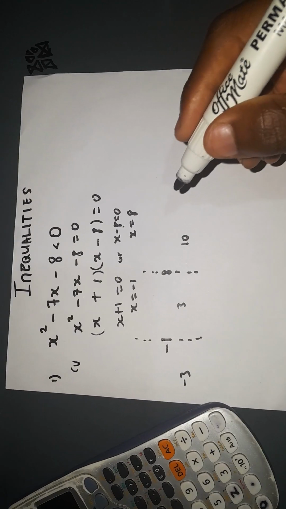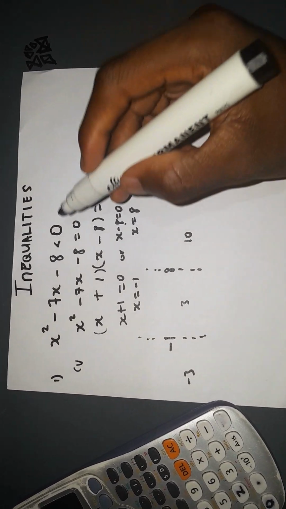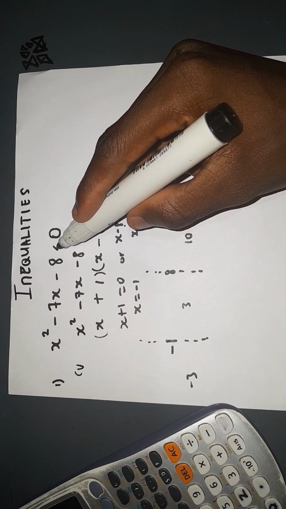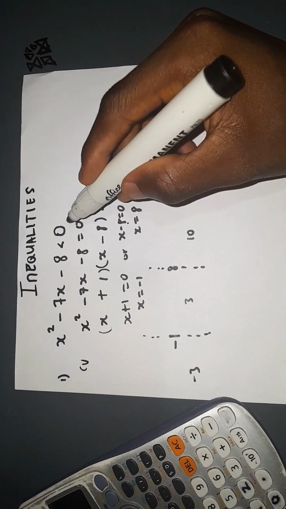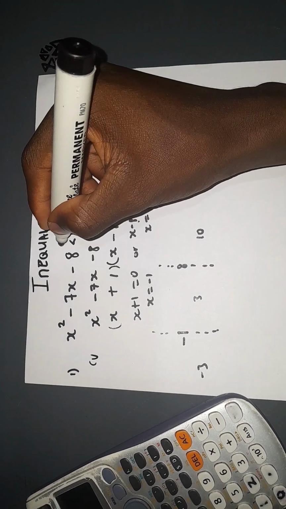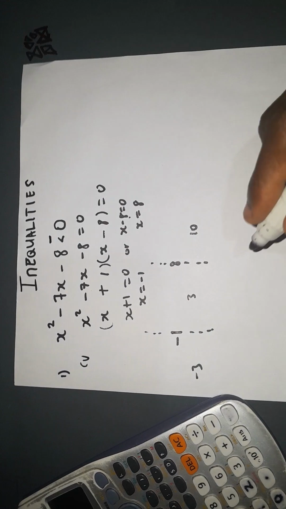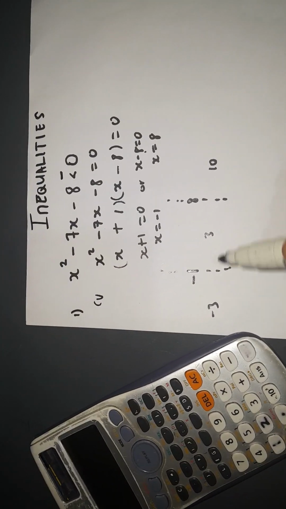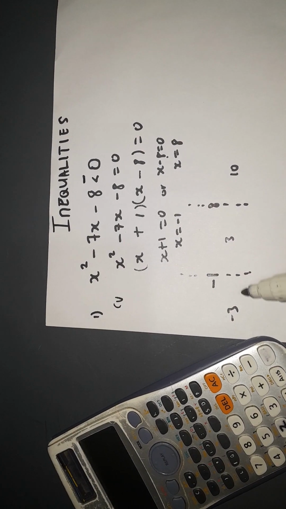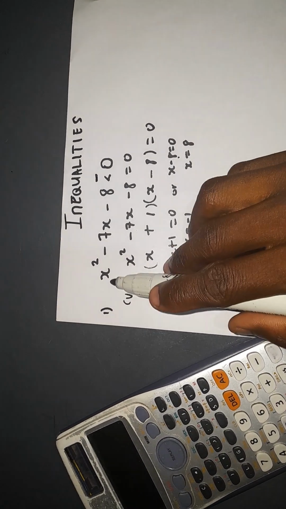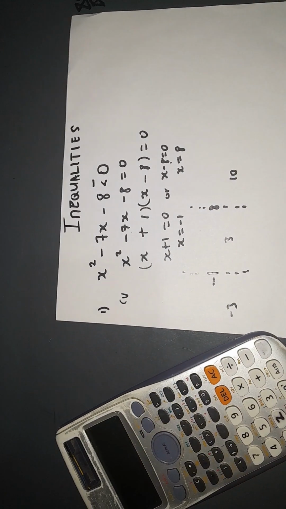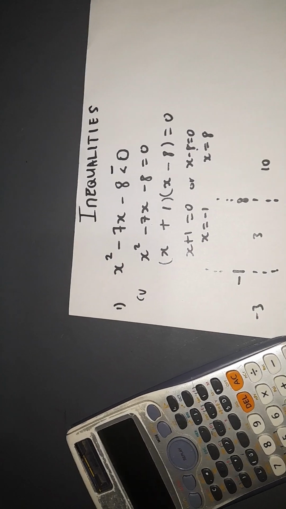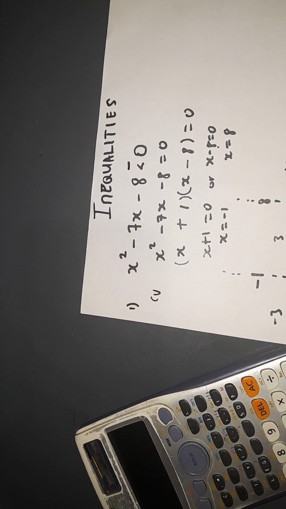So now look here, because this is a less than, our focus will be on whether, if we substitute these values in this equation, it will give us a positive number or a negative number.